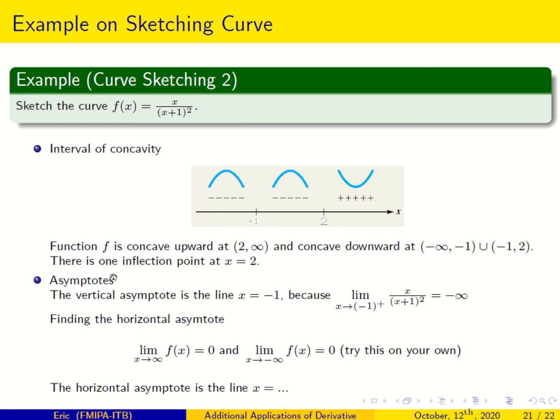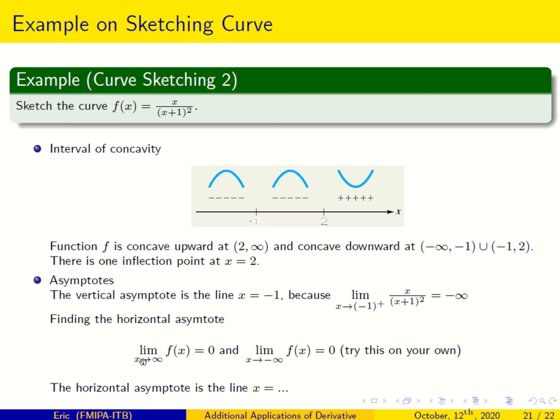So the asymptote: x equals minus 1 is the asymptote. Why? Because when x goes to minus 1, the limit is minus infinity, so it is sufficient for us to say that x equals minus 1 is the vertical asymptote.